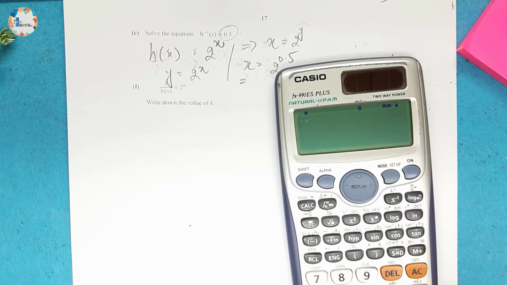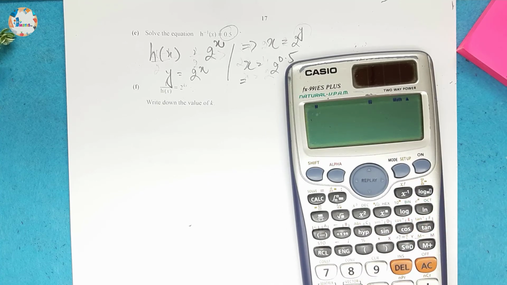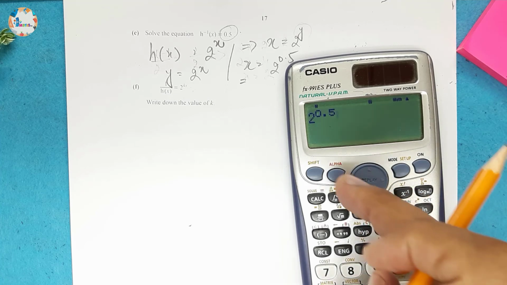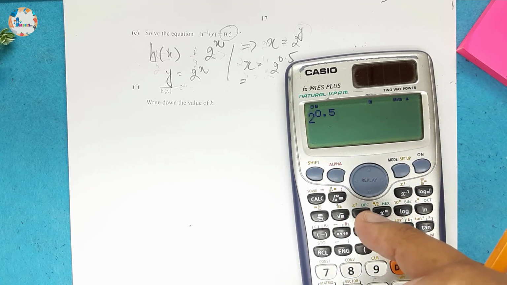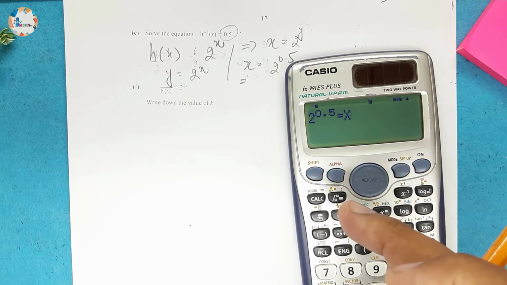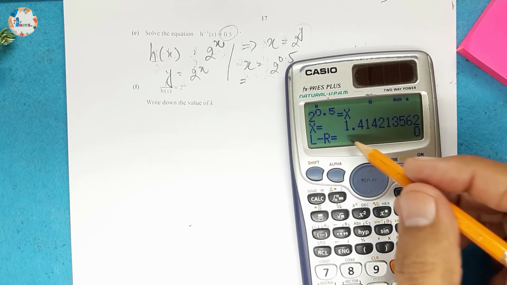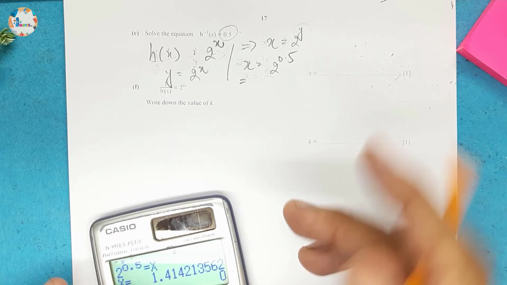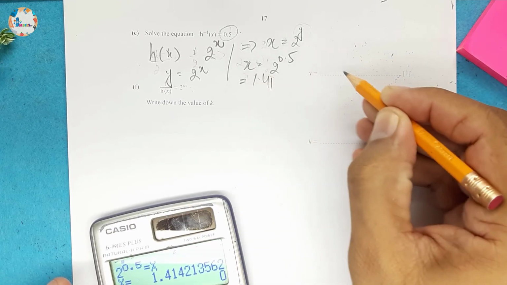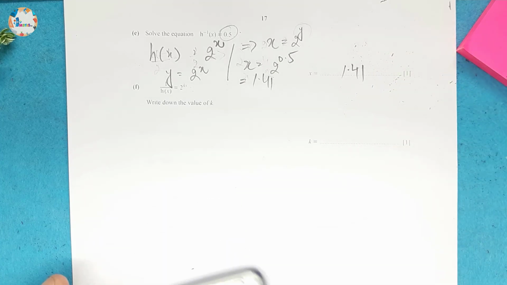So we write 2 raised to the power 0.5, equal to this symbol and x will be this one, shift solve button, and this will result in 1.41. So 1.41 will be our answer for this part.